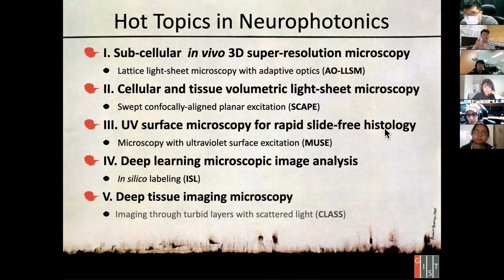Histology means the study of tissue, usually by cutting through the tissue and observing it under the microscope to find out if any pathologic processes are ongoing. And the fourth is deep learning. You have already heard of AI and deep learning. Of course, deep learning is penetrating any research field. Even microscopic image analysis will see the power, and hopefully the ultimate hurdle and ultimate restriction of my imaging microscopy, which is deep tissue imaging, we are currently trying to overcome.